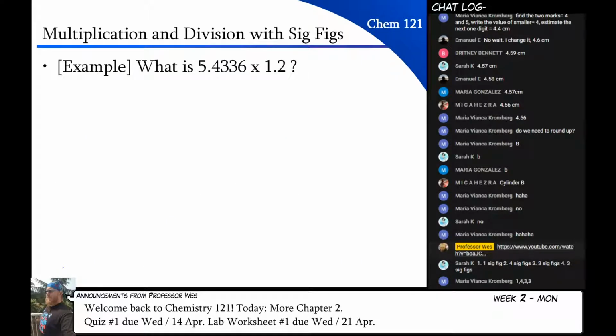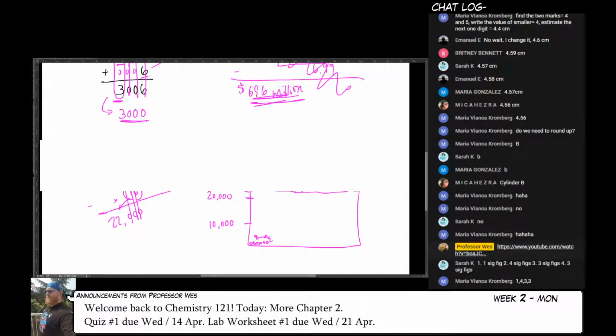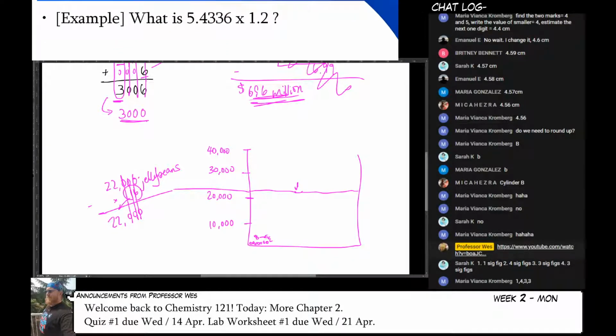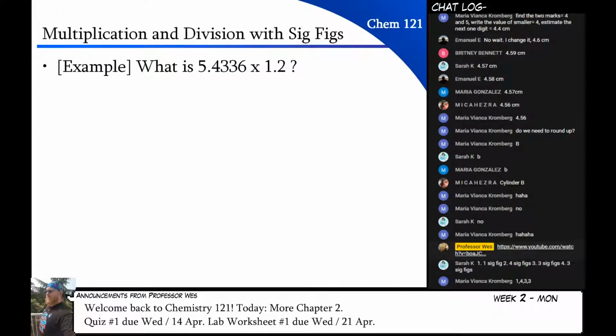All right, let's do some more examples here. And you can type in the answer if you get these before I do. Actually, I don't even need this sheet because I'm just going to be punching stuff into the calculator. So we'll just go back over here.